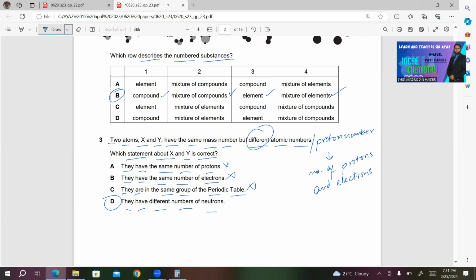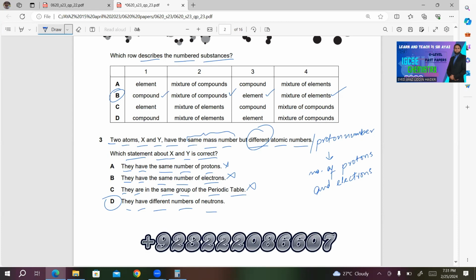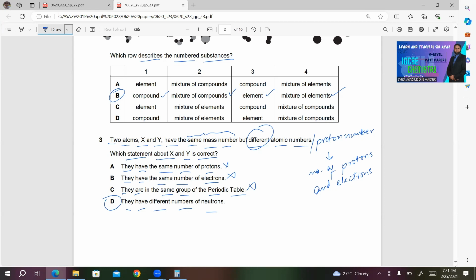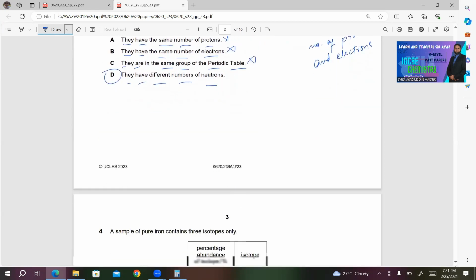Due to the presence of different numbers of neutrons, they can have the same mass number. Here they have applied the logic of isotopes. Isotopes have different numbers of neutrons, and after adding up the protons and neutrons, you will get the mass number.